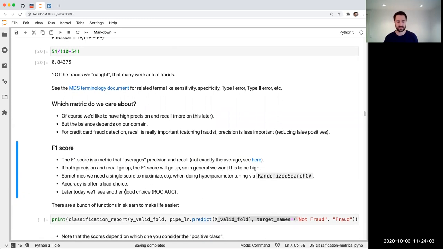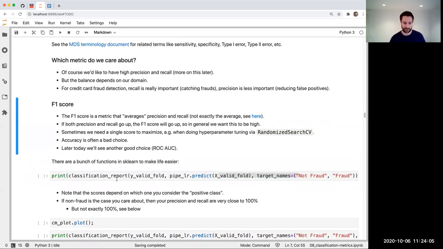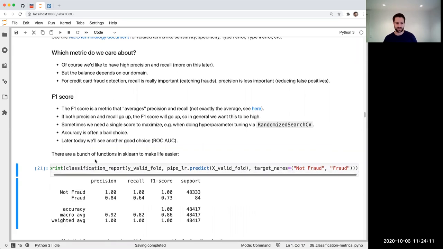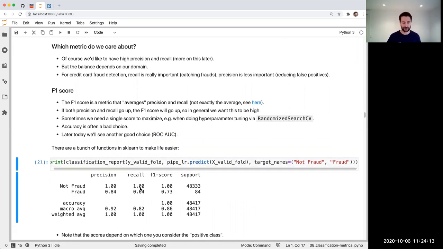We'll talk about other scores later today, but I want to show you some scikit-learn functions. One is the classification report, and that one just prints out a whole bunch of scores that are useful. One important thing here is that we have decided that fraud is the important class, or the positive class, the one we care about.